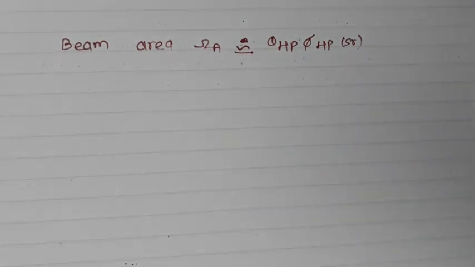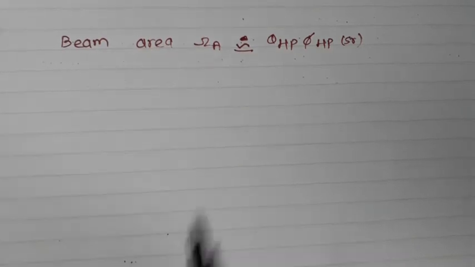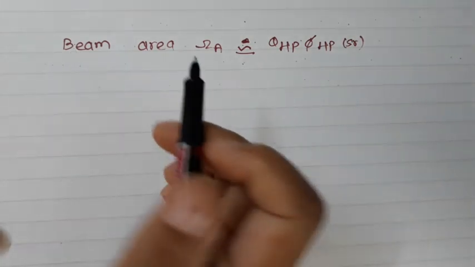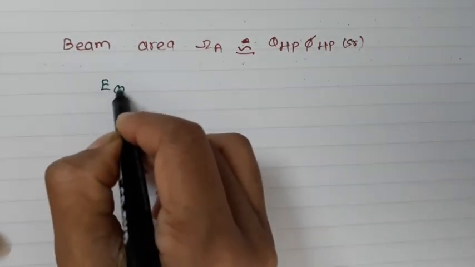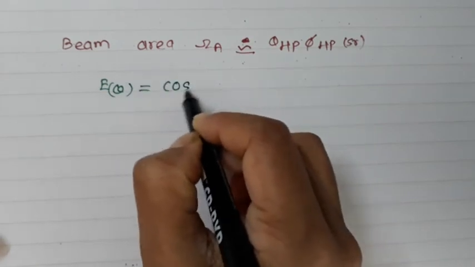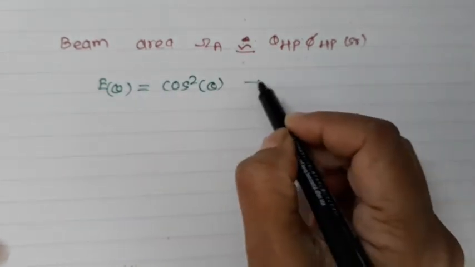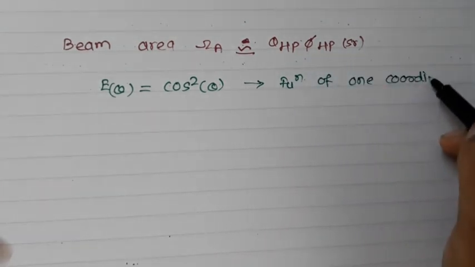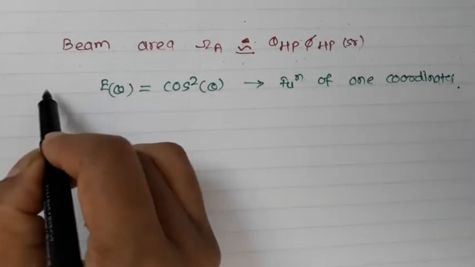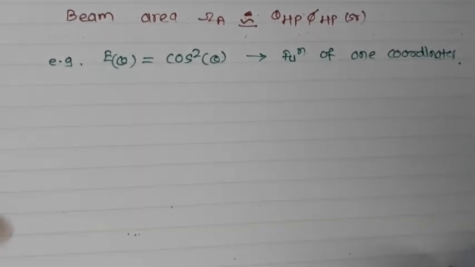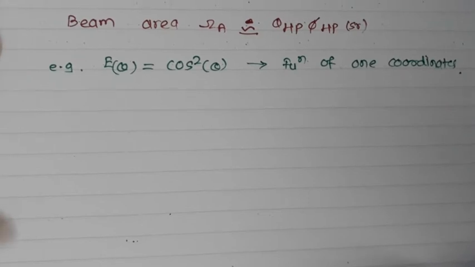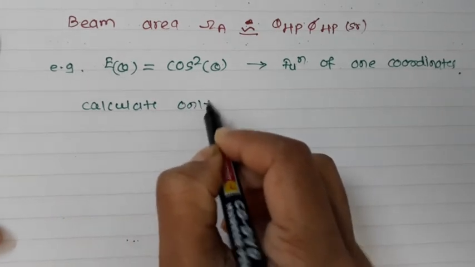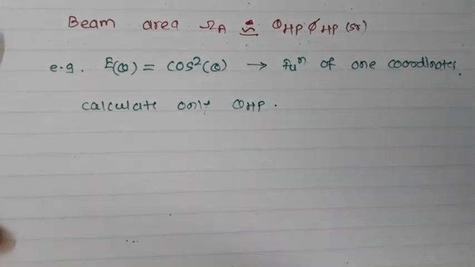when the field is a function of only one coordinate. So if your field is not a function of two coordinates and it has only one coordinate, either theta or phi, for example E theta equal to cos square theta, where you have only theta, it is nothing but a function of one coordinate. So in this particular case, you can calculate only theta HP, since the field is not a function of phi.